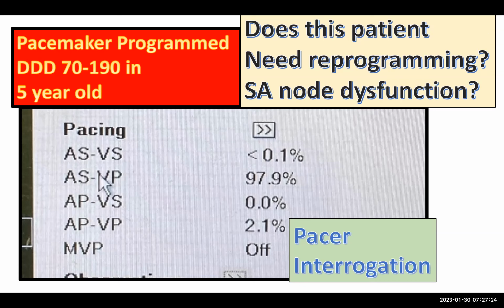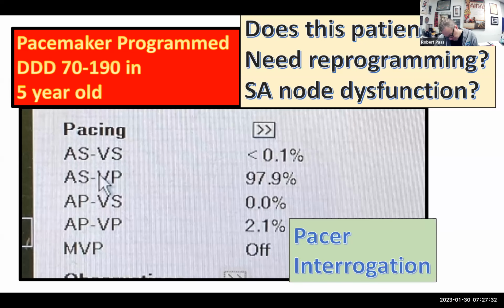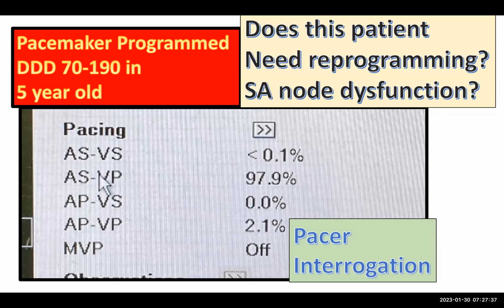Okay, so he's A-sensed, V-paced most of the time, 97%. I think that sounds appropriate.